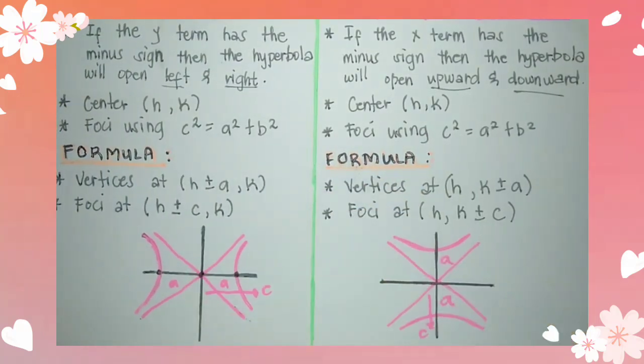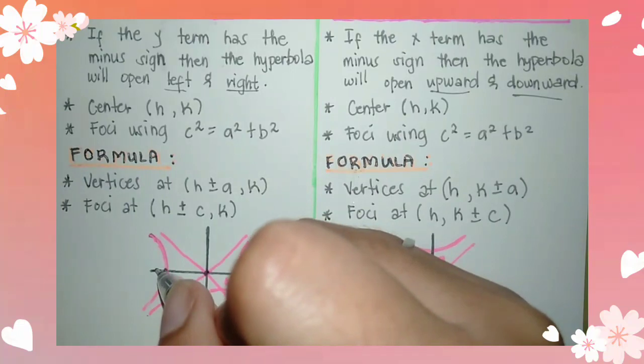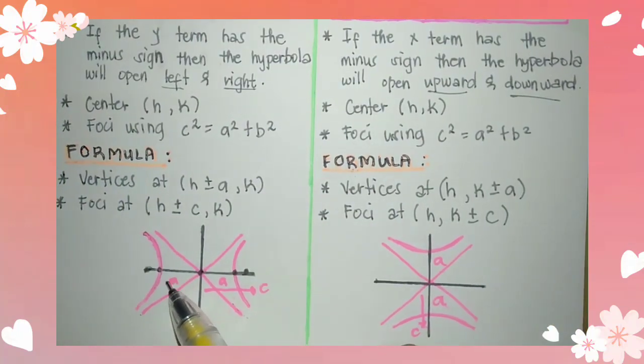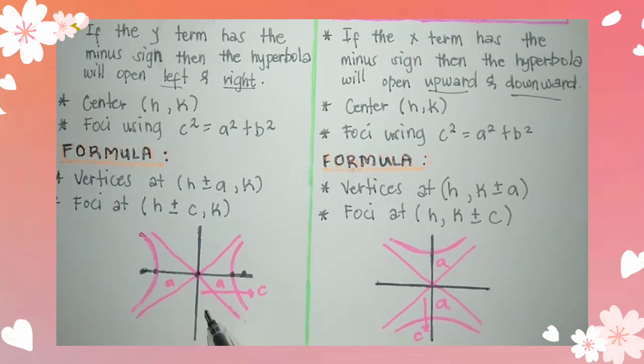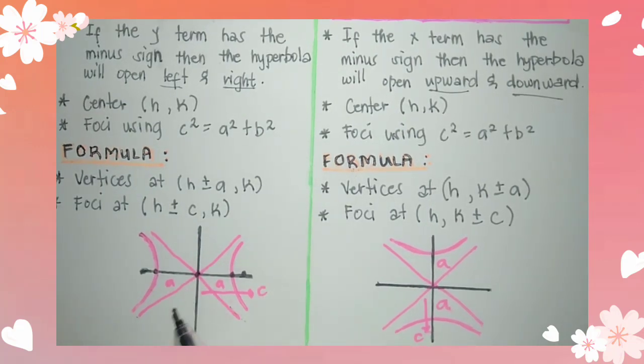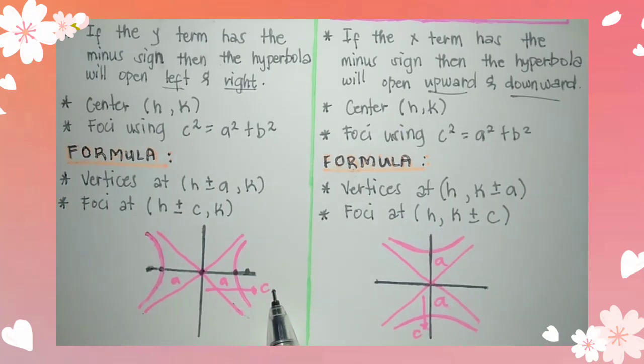And of course, ang focus natin, di ba, ang focus is always nasa loob ng mga curves. Sa parabola, ganun din, di ba? So, ang focus natin is nandito and nandito. And the representation of this is a, and ang ating focus ay c. So, yung a natin is para ma-identify natin yung vertices ng ating hyperbola, and yung c naman is kay focus, okay?